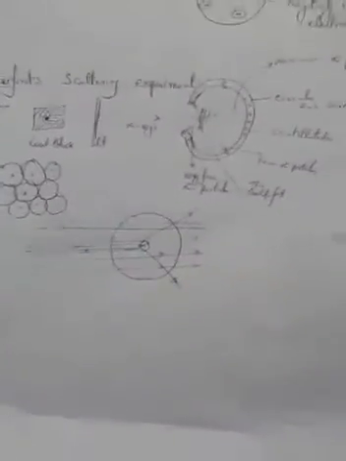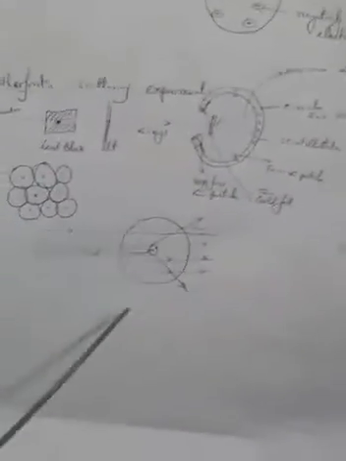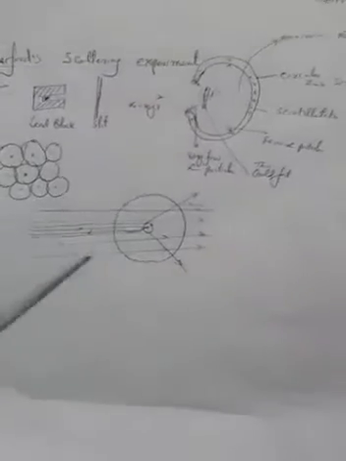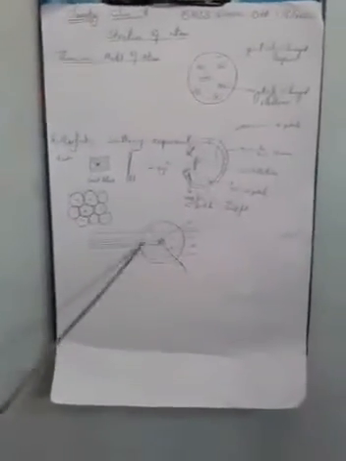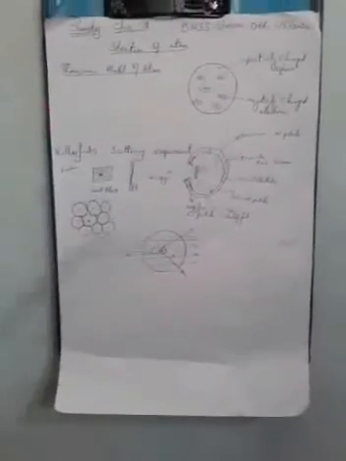Now, as he observed that some of the alpha particles suffered minor deflections, he found that there is some positively charged center in the center of the atom.